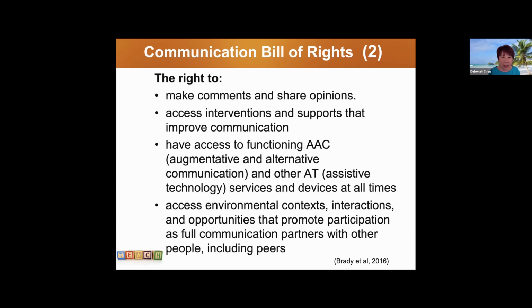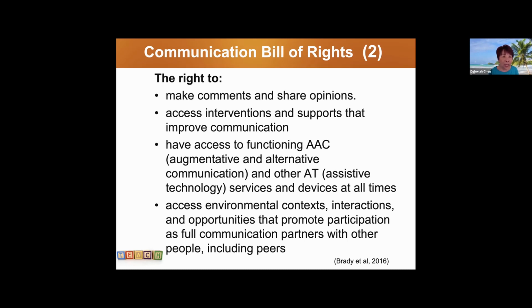Children with CVI and other disabilities have the right to access interventions and supports that improve communication, and to access functioning augmentative and alternative communication and other assistive technology, services, and devices at all times, not just at school.